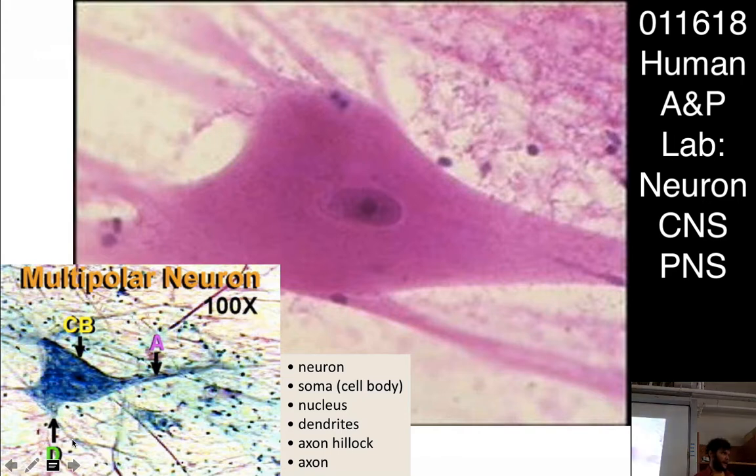A single axon and multiple dendrites. Sometimes it can be hard to tell the difference. Usually the axon hillock is the largest projection off the cell body, but sometimes it's hard to distinguish. So for example, in this one I would guess this is the axon hillock, and then these here are dendrites coming off of the soma. Multipolar neuron. You'll see those slides.